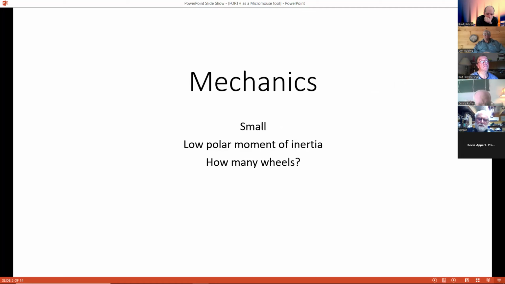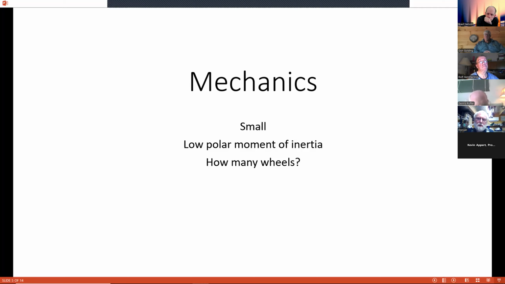Weight is not critical, but power to weight ratio is. Even more critical is moment of inertia about the center of the wheel track, because the more compact you can make the mouse, the faster it can change its rate of turn going into and coming out of corners. Stiffness can matter. Nobody uses suspension yet, but it's only a matter of time.